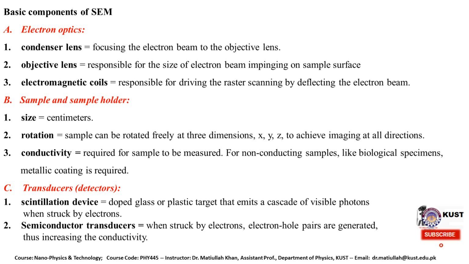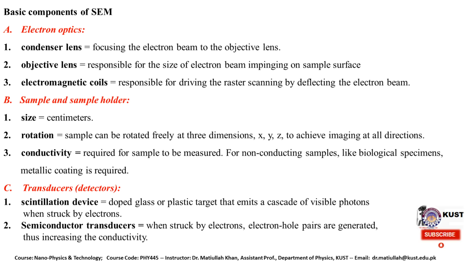One is the electron optics, which is used for the focusing of electrons and the creation of electrons. The other is the sample and sample holder, and the third one is the transducers, or the detectors, used to detect the electrons and move the data to the final photographic plates, or to the results, to get the information, images or pictures.